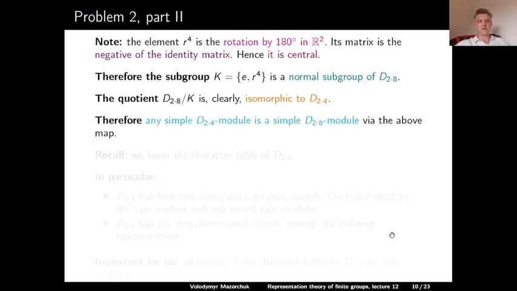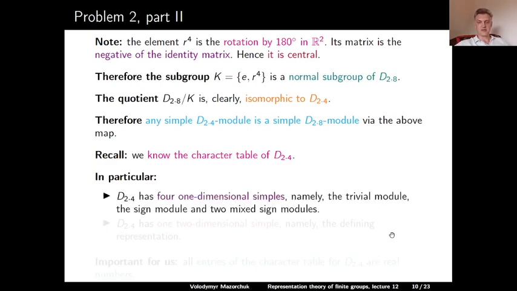So any simple D2 times 4 module is a simple D2 times 8 module via this map. And we know the character table of D2 times 4, so we can write down the corresponding part of the character table of D2 times 8. In particular, D2 times 4 has 4 one-dimensional simples, the trivial module, the sign module, and 2 mixed sign modules, and it has 1 two-dimensional simple.